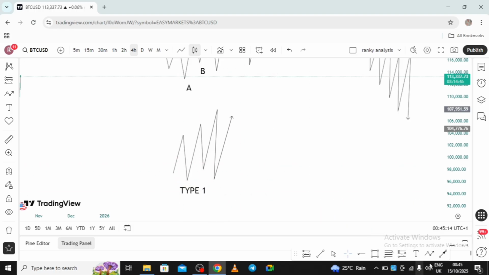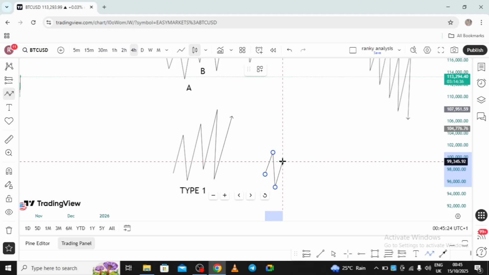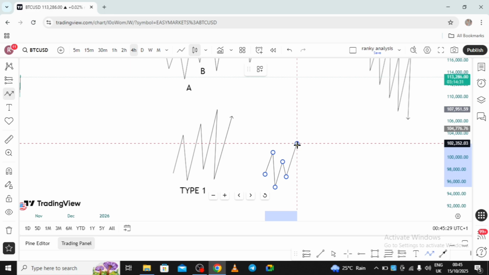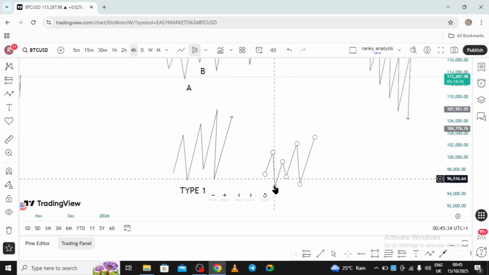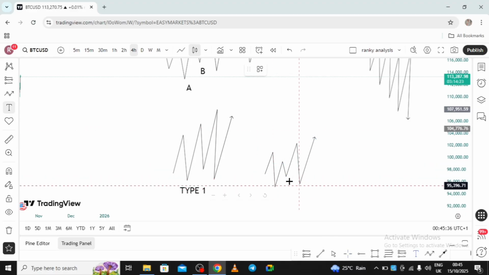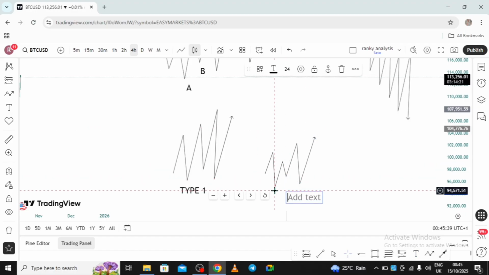And we have the type 2: the sweep, first price comes and takes it out to the outside. This is the type 2, which is basically what I look for on the chart.